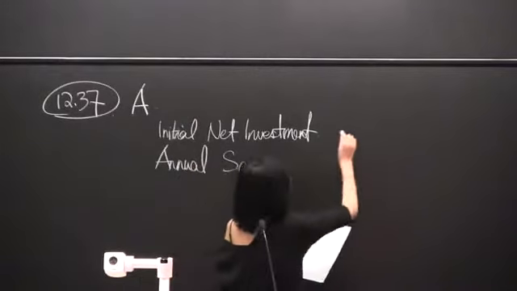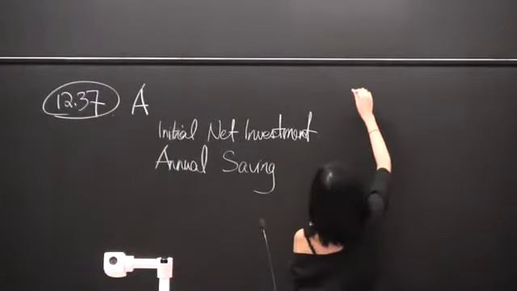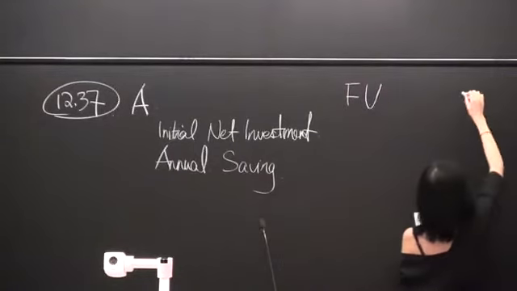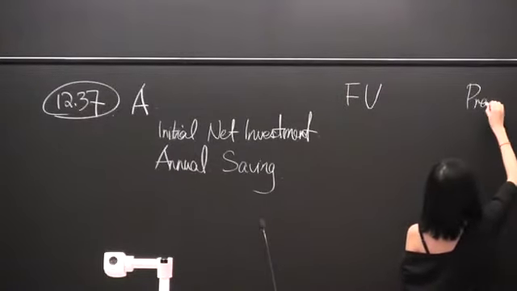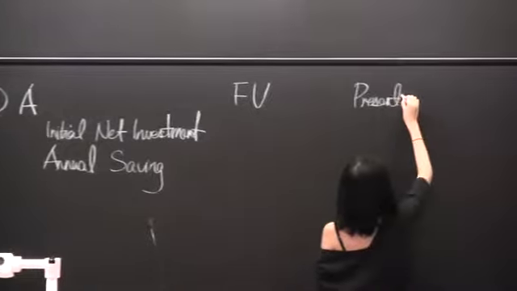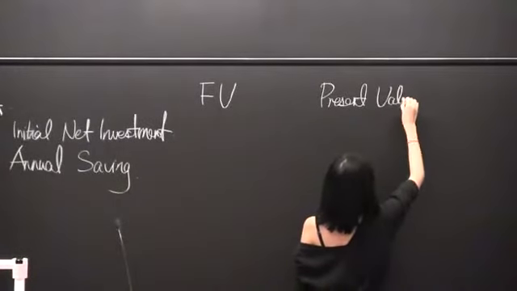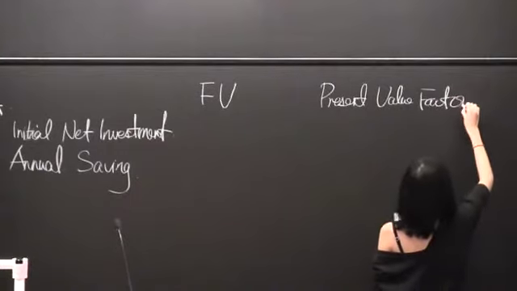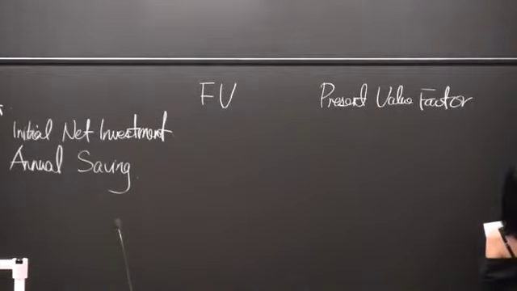And you've got to find, so this is the future value. You've got to find the present value factor using the chart they gave you to find your present value.